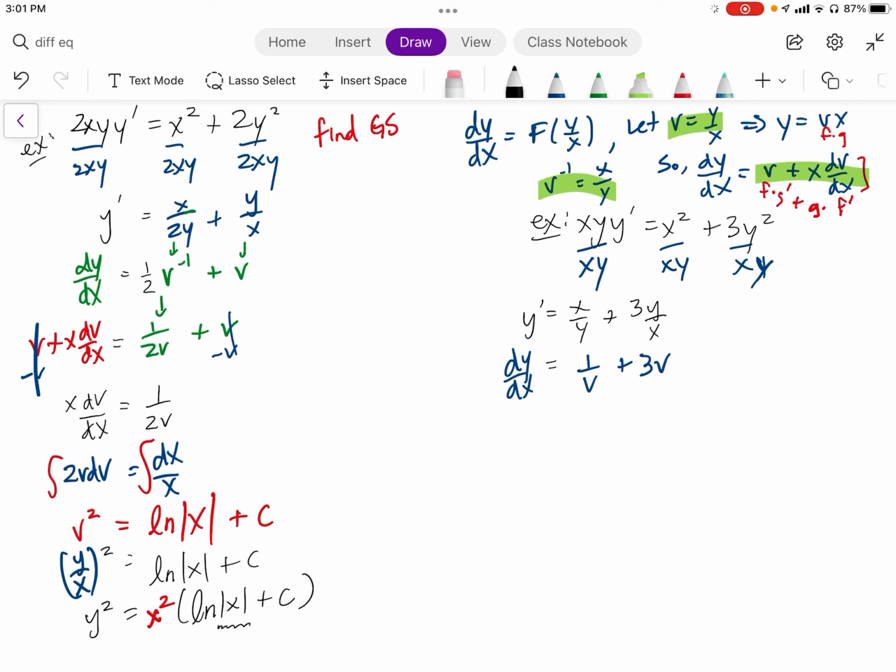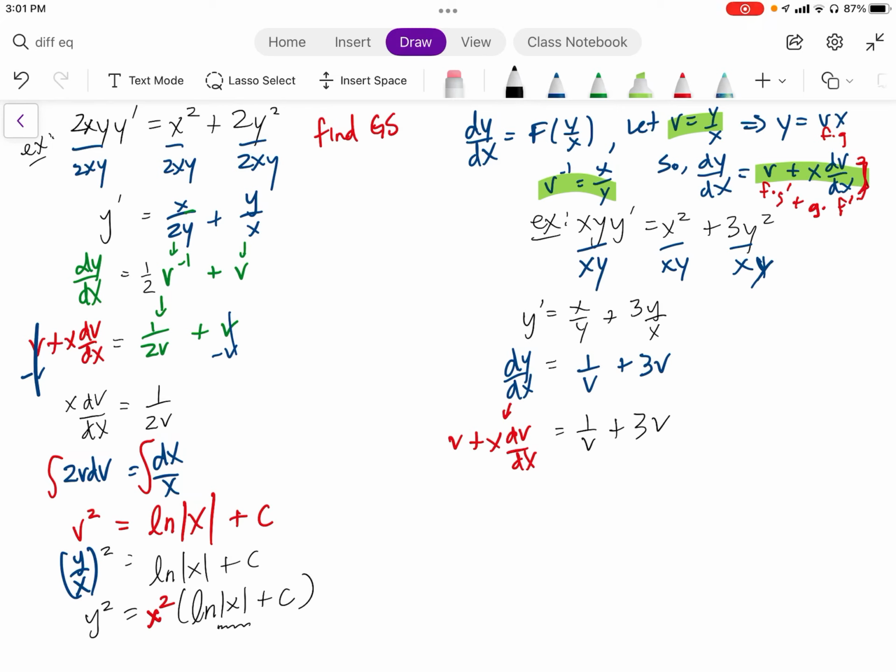Okay, but then make that substitution: dy dx is v plus x dv dx. Again, that's part of the formula, but you could easily verify why that is true. Okay, the right-hand side did not change. And subtract that v over.